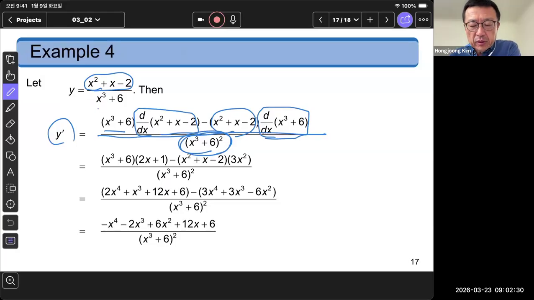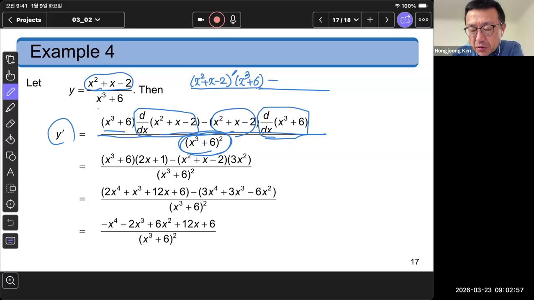So the numerator is x squared plus x minus 2, and the denominator is x cubed plus 6. So you first differentiate the numerator. So x squared plus x minus 2 is differentiated, multiplied by the denominator without differentiation.